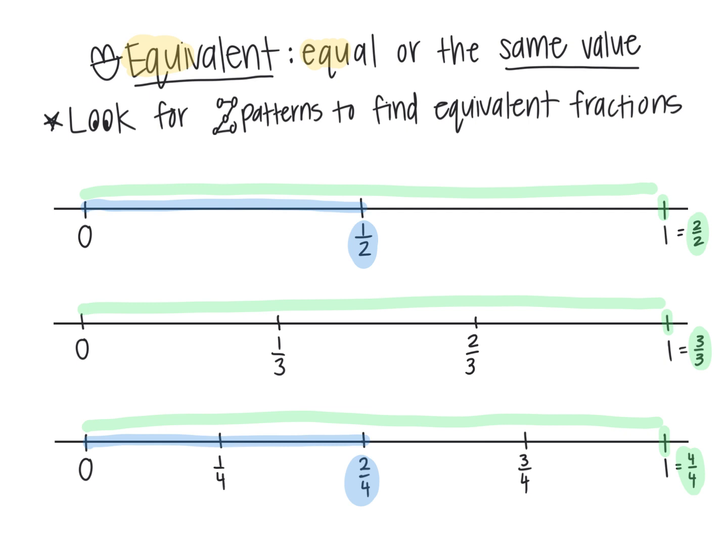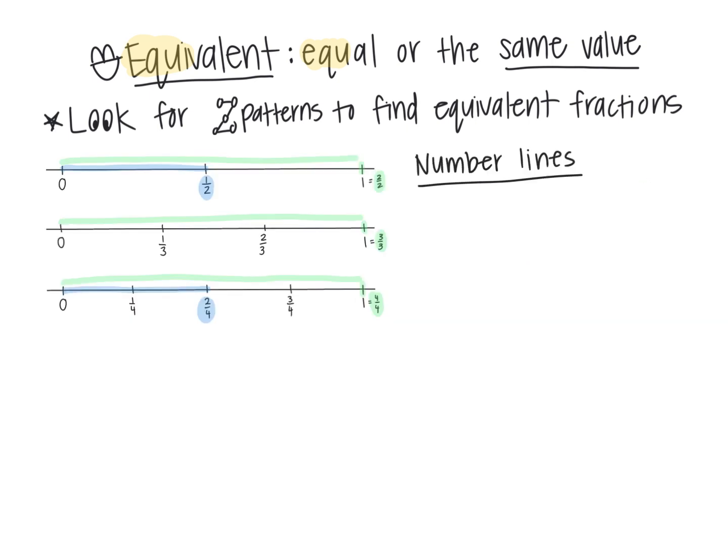It's all the same. So those are also equivalent fractions. So far, we've used number lines to show that 1/2 is equivalent to 2/4. We've also shown that 2/2 is equivalent to 3/3, which is equivalent to 4/4.